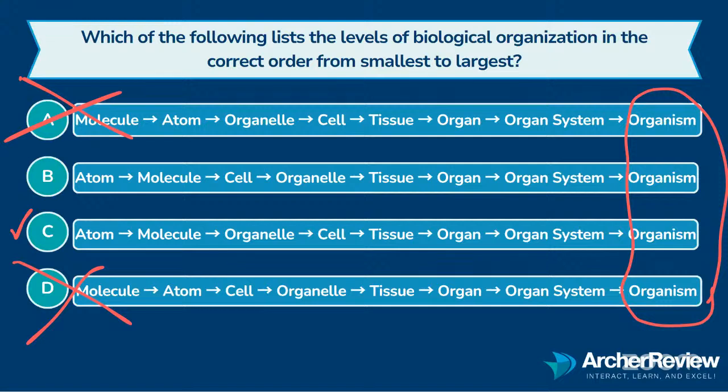So let's go a little farther down B and see if there would have been other ways to figure it out, even if you didn't fully know. So atoms make up molecules, so far so good. But then look at this relationship here. Cells make up organelles. Think about that. I often say that organelles are like organs inside cells. They're like tiny little organs inside the cell.